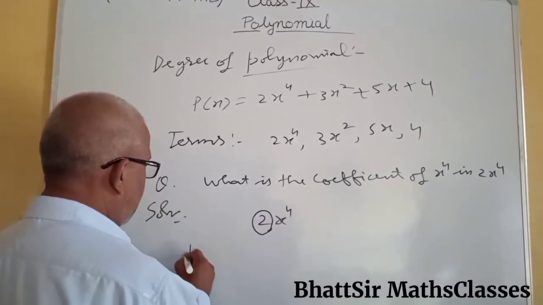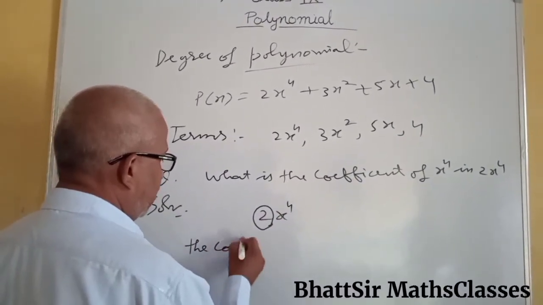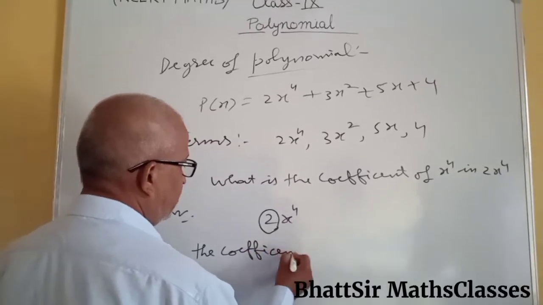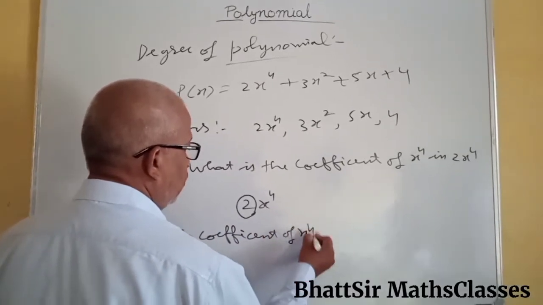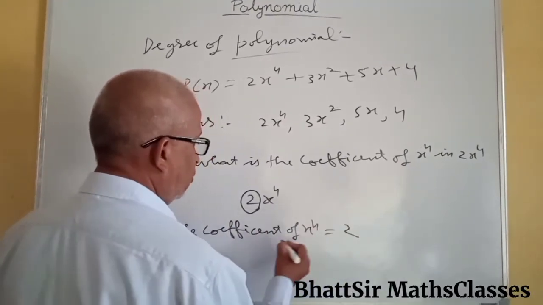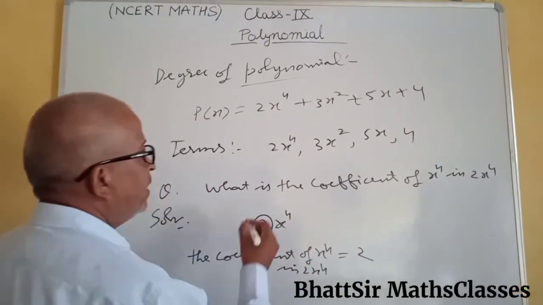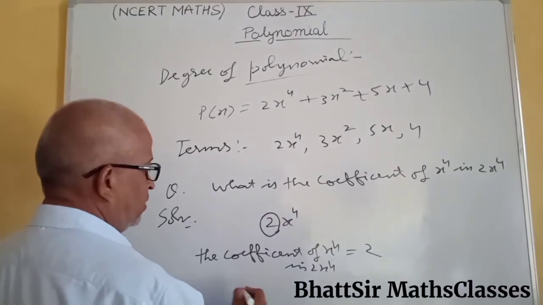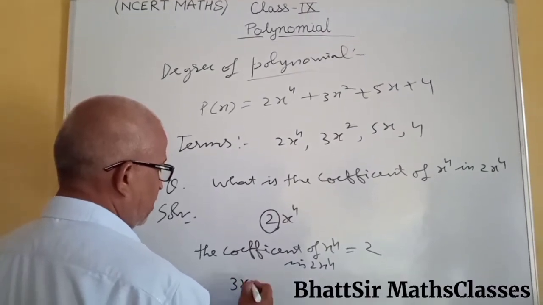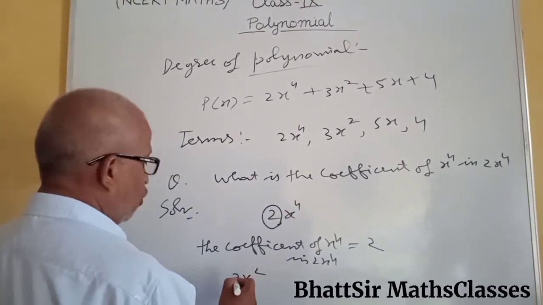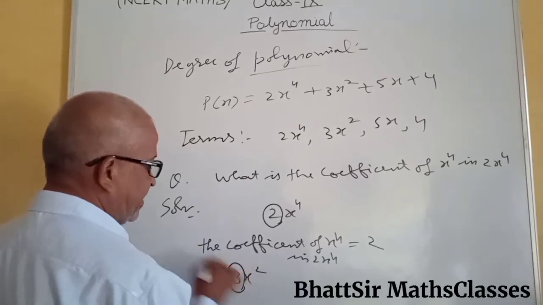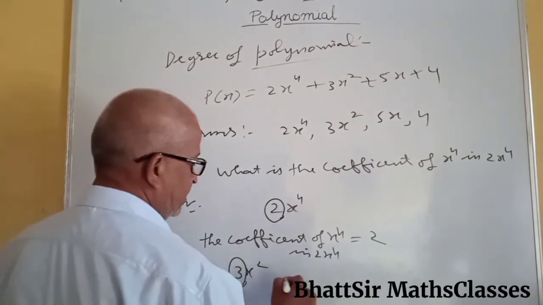So the answer is, the coefficient of x^4 is 2 in 2x^4. In the same manner, in 3x^2, the coefficient of x^2 is 3.